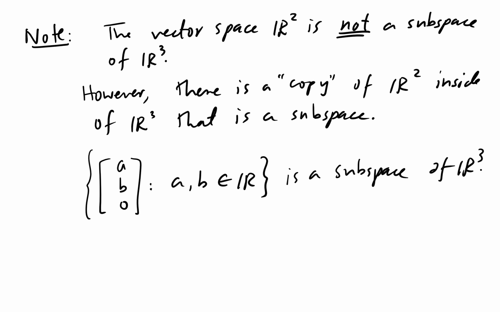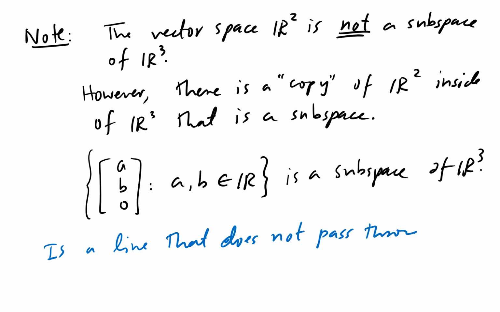Also, let's look at a line that does not pass through the origin. Is a line that does not pass through the origin a subspace of R2?